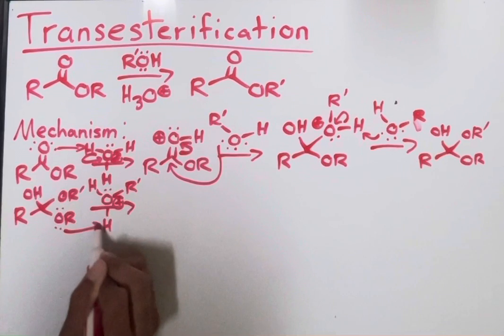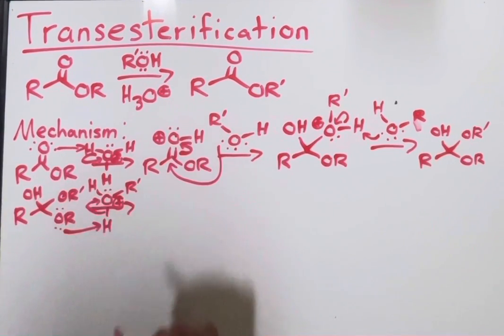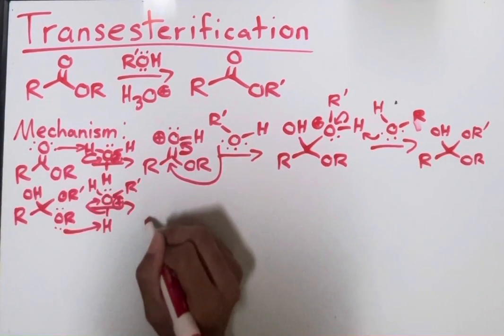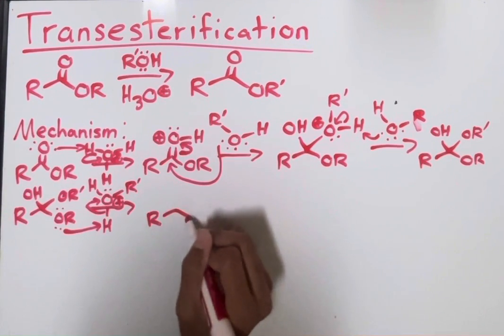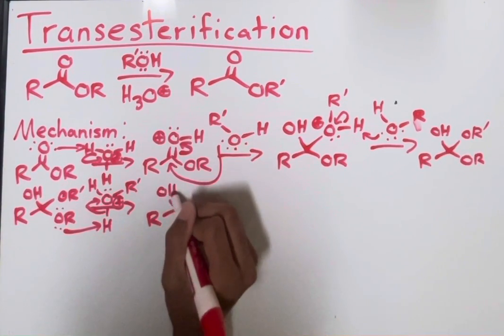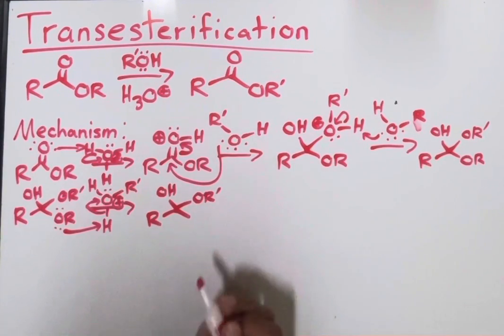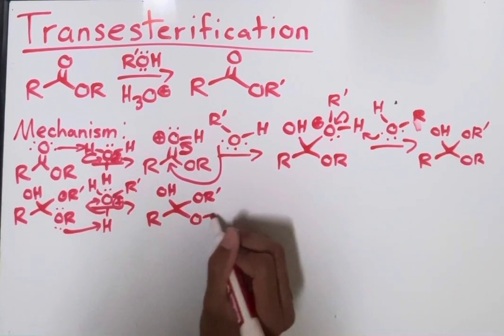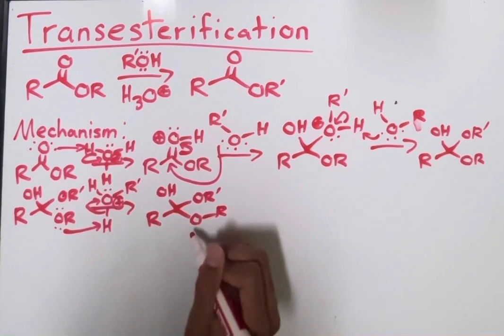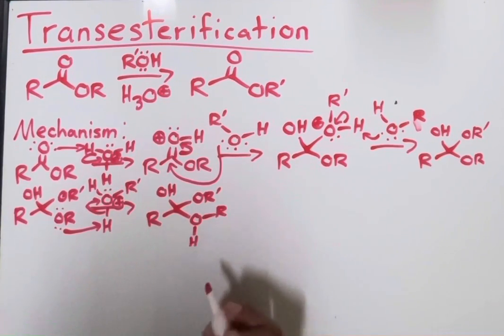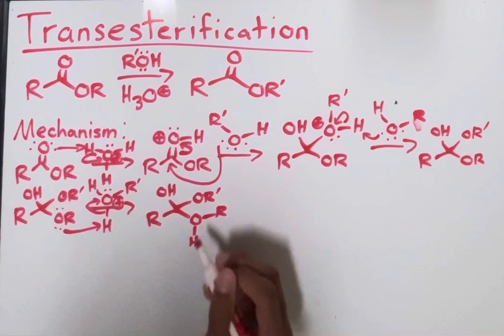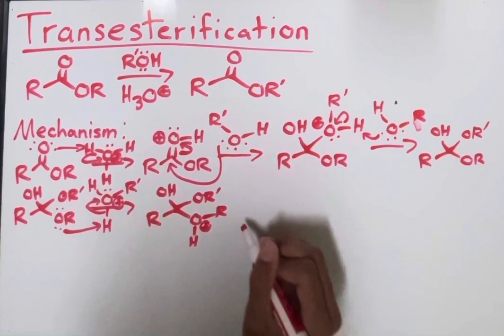It's going to take one of those hydrogens and move those electrons onto the oxygen right there. So now we get this molecule. Our OH is here. Our O with the new R group is there. And this oxygen down here will have a bond to the R, the rest of the molecule, and that hydrogen that it just took. Therefore, it has a positive charge.